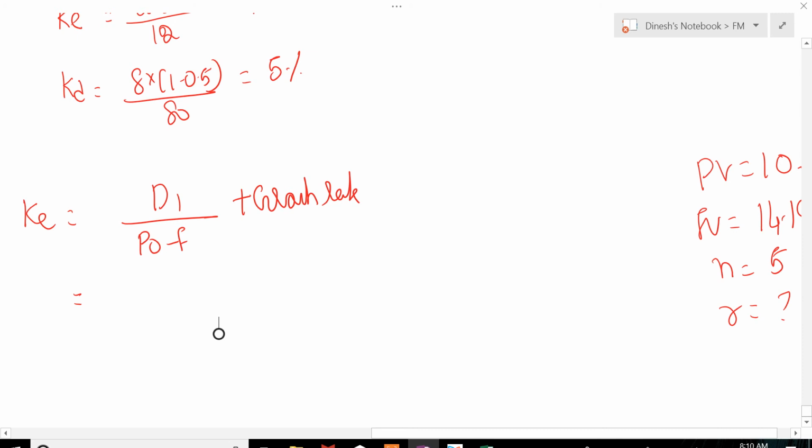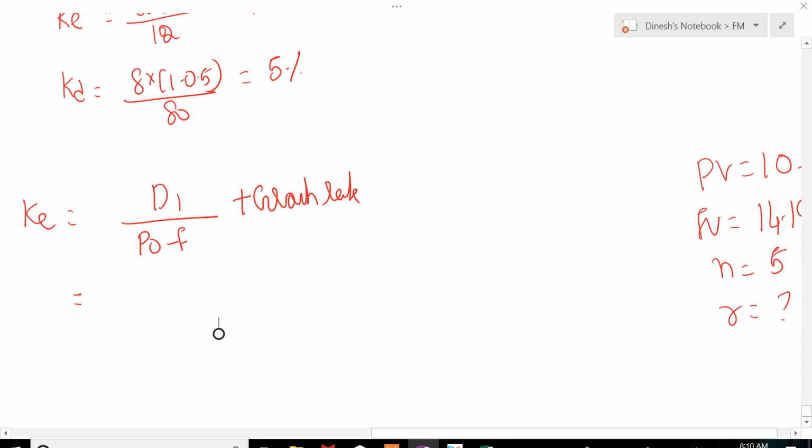Full stop. Tentative growth rate is equal to dividend of 6th year divided by dividend of 5th year minus 1. From 5th year to the 6th year, what is the growth? 6th year dividend divided by 5th year dividend minus 1.